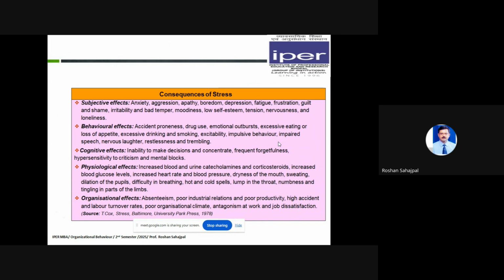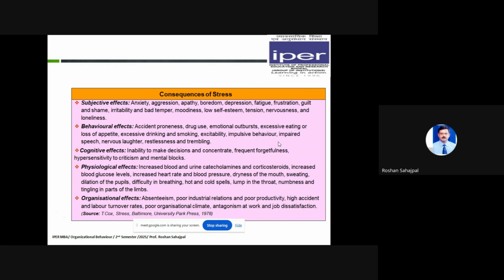Second is behavioral effects. Now, for some people there will be accident proneness. I was working in my previous organization and there was a lot of stress because people were called on Sundays and they were given examination duties, and people were working for 7 days a week.